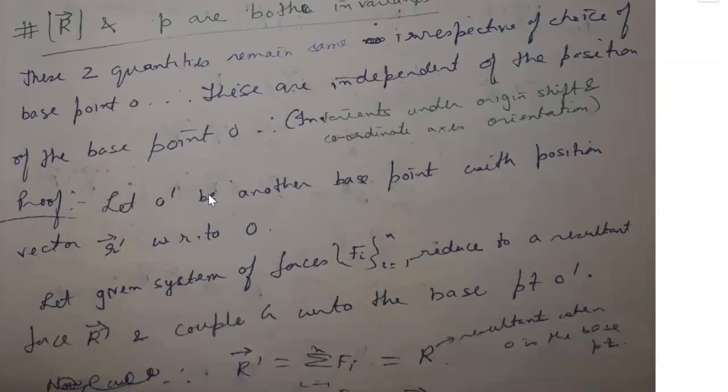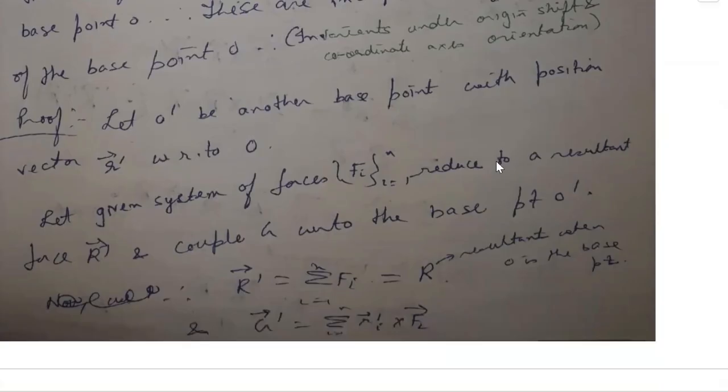So I consider another base point. The given system of forces was this. It reduces to a resultant R and a couple G. With respect to the new base point O dash, I consider now the resultant R dash and couple G dash. I missed it: it will be couple G dash with respect to the base point O dash. So the initial system was this.